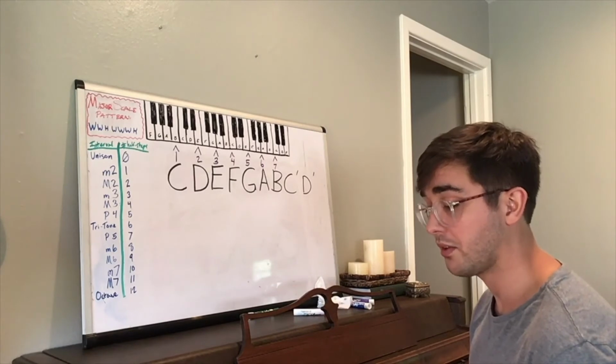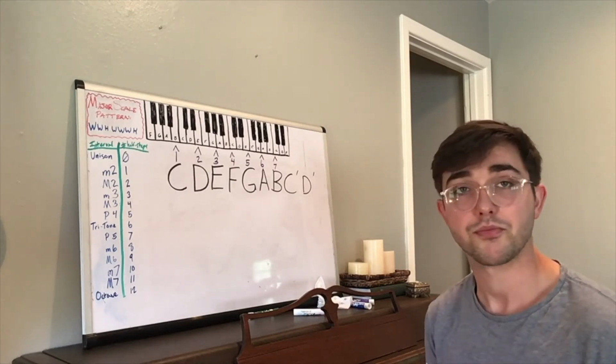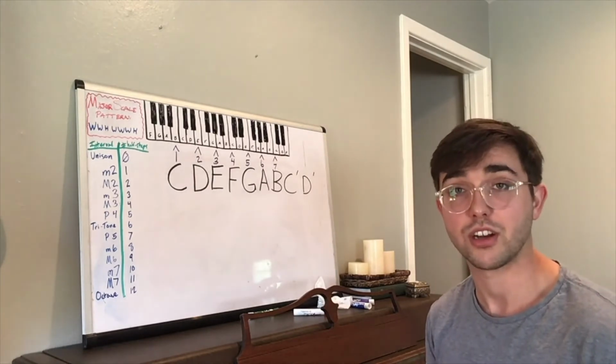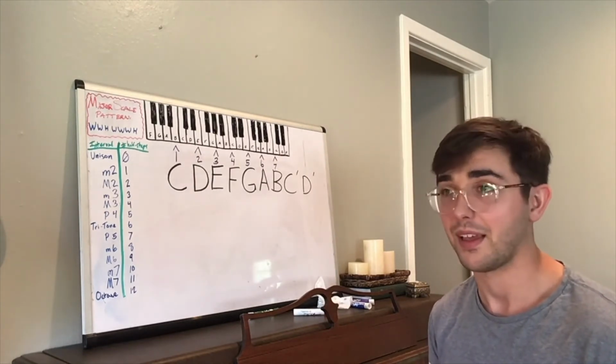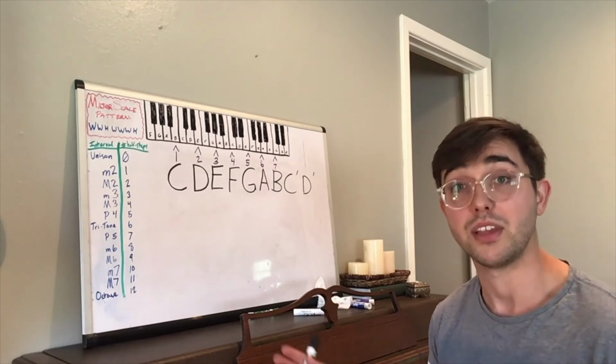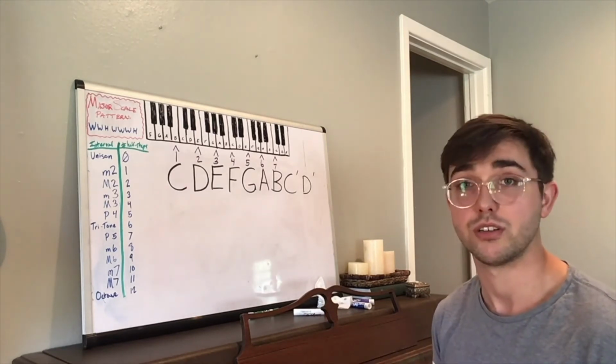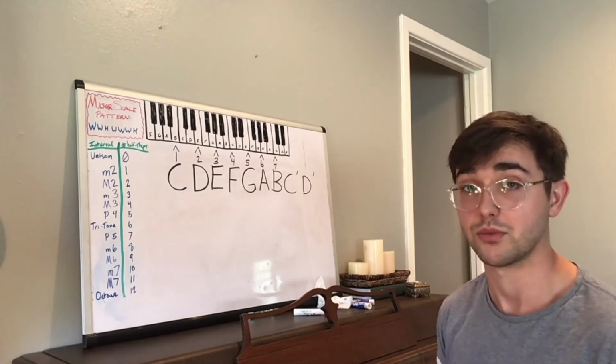The cool thing with these is that because of the cyclical nature of the musical alphabet and how it ends up repeating, these intervals have inversion relationships with other intervals.